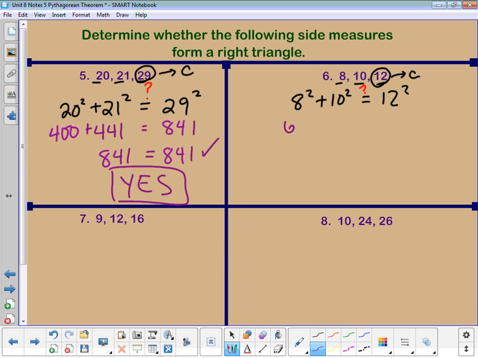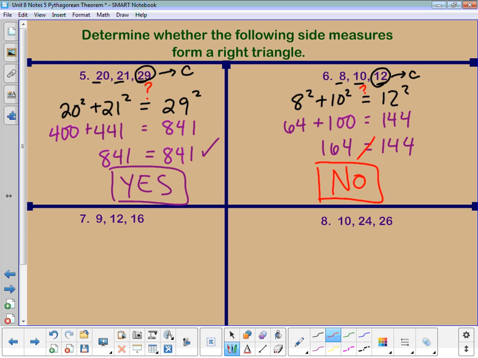So for 8 squared, I have 64. 10 squared is 100. 12 squared is 144. If I add those together, I end up with 164 equaling 144. Well, we all know that that's not true. So if those two things don't equal each other, then these don't make a right triangle. These 3 side lengths are not a Pythagorean triple.